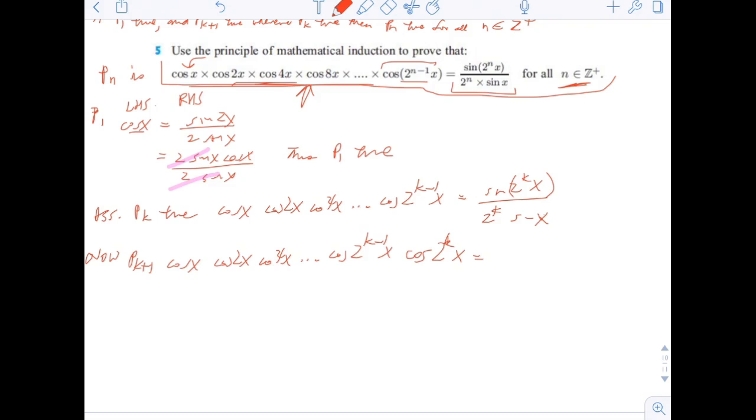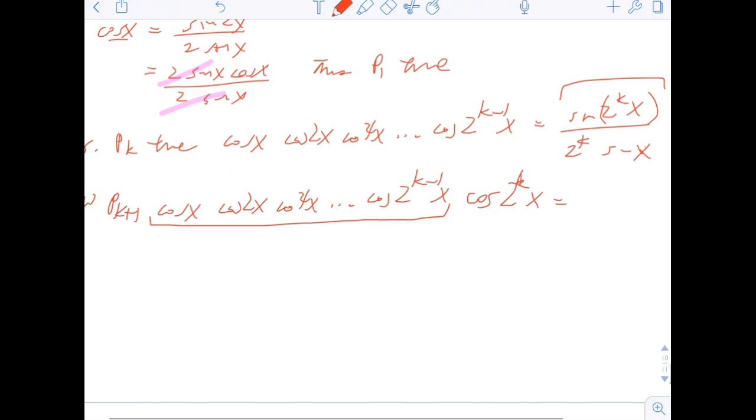See what that is equal to. Well, we can take this and replace it with this, right? So we replace it with sine of 2^k x divided by 2^k sine of x, multiplied times cosine of 2^k x.